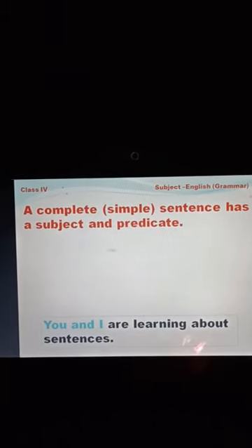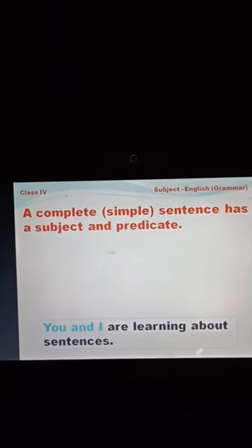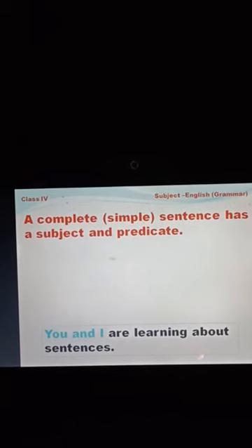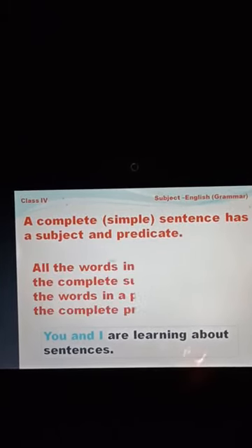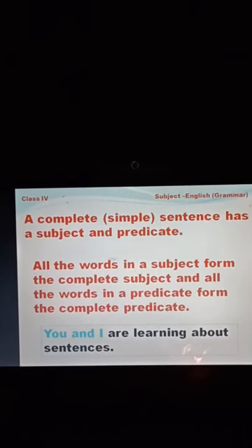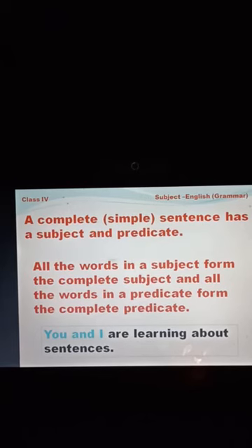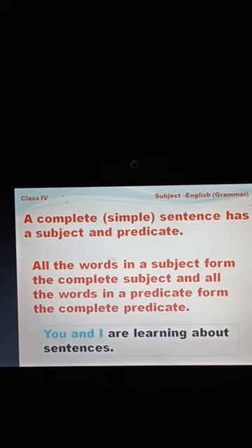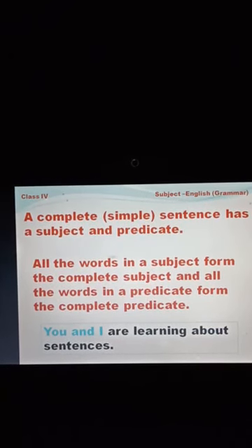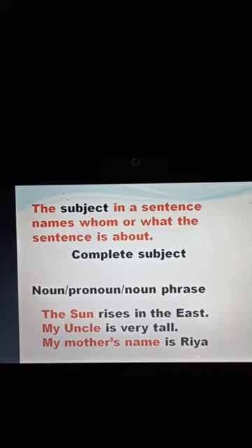Over here, you and I is the subject, and are learning about sentences is the predicate. All the words in a subject form the complete subject, and all the words in a predicate form the complete predicate.